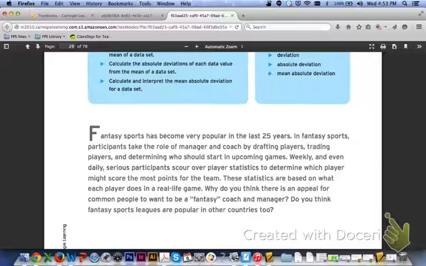Aaron Rodgers is on my fantasy team. Jordy Nelson's on my fantasy team, right? So that gives you an opportunity to cheer even louder for them. So we'll be dealing with some statistics like that today. Let's get right into it then and have a great learning opportunity.